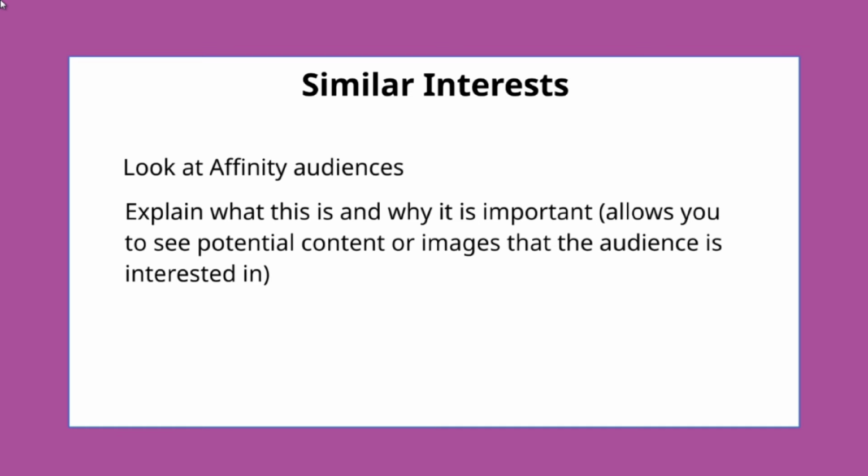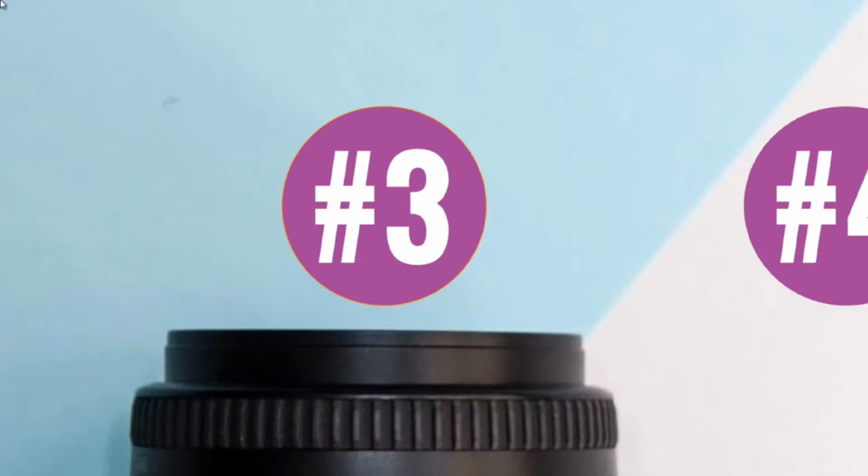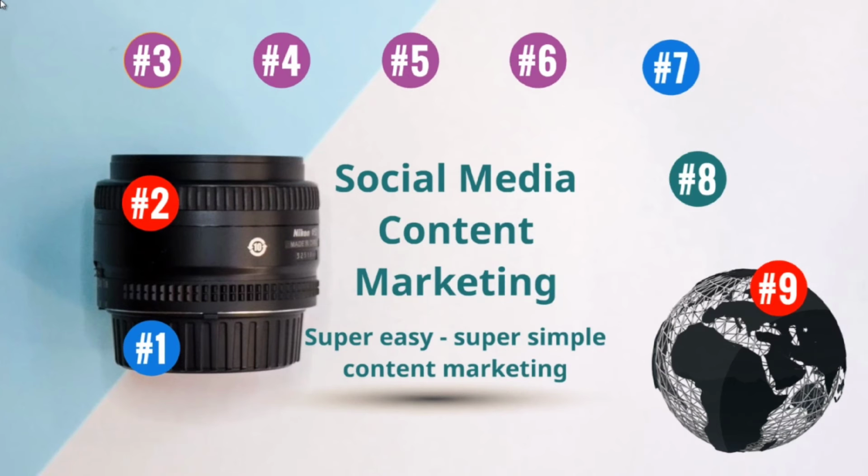So, for example, if you think about maybe basketball, somebody who's interested in sports or basketball, they may be interested in other things like running, and that would be an affinity audience. Now, the reason why we want to take a look at this is it allows us to broaden the amount of content that we can create. So let me go ahead and show you some examples of them.